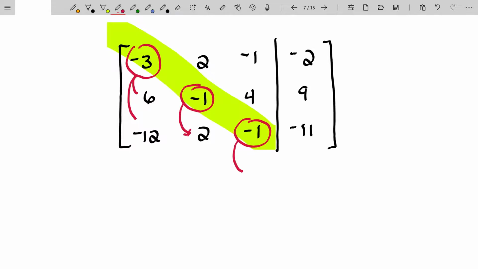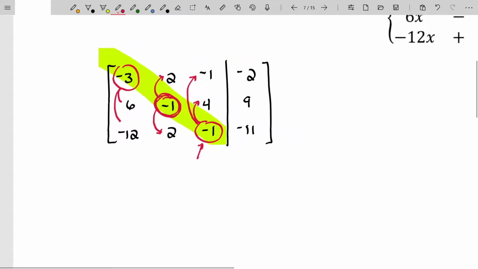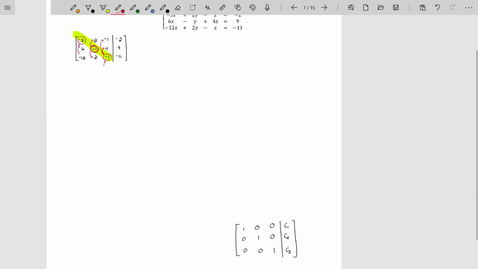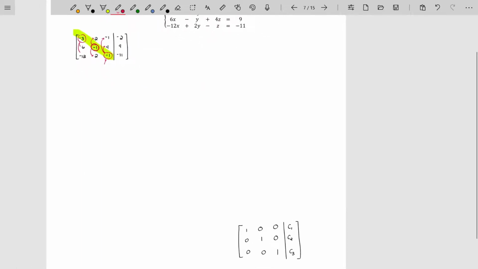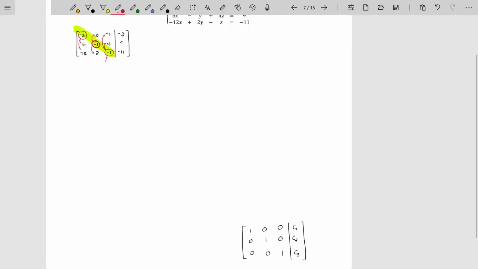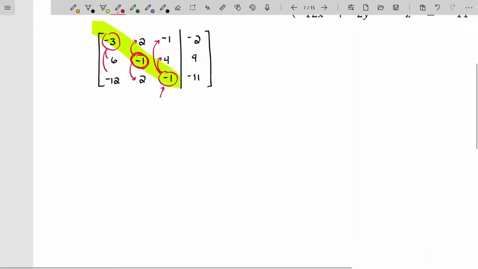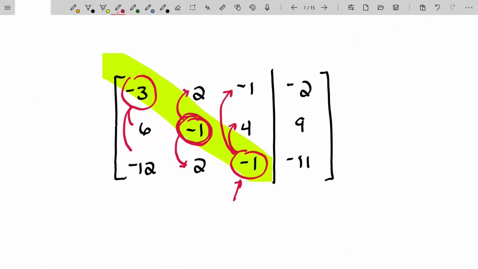But once I'm done killing things below, I then have arrived here, and I start using that to kill everything above. Then I hop back over to this next diagonal element and use it to kill everything above. And at that point, hopefully, we will have arrived at the end game, which is that augmented matrix down below to the right. So let's showcase all of these moves. I'm going to erase my messiness here, and then we'll start.